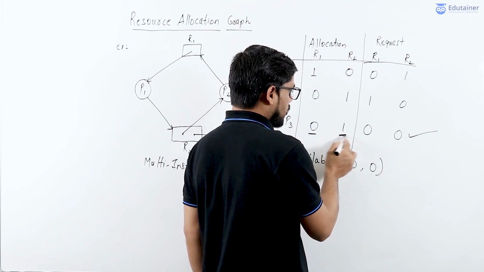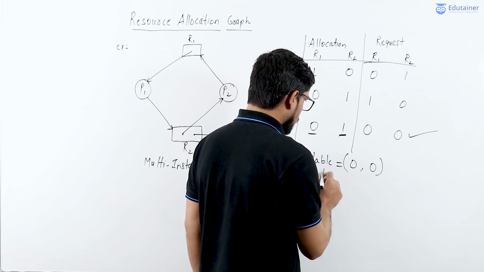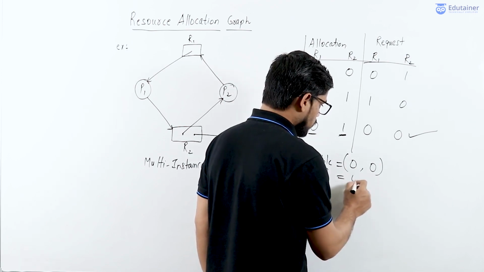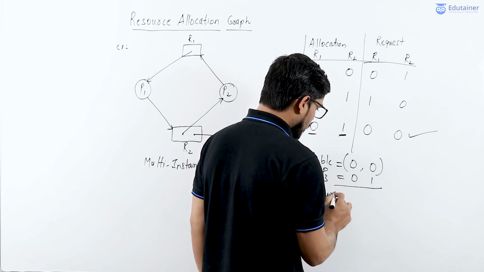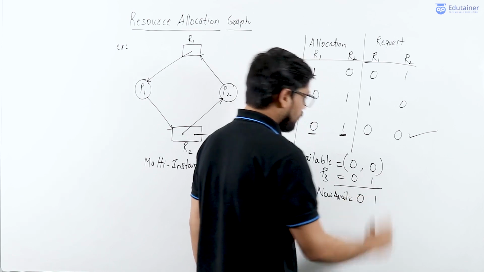So one instance of R2 is now freed up, so 0 and 1. Now the new availability of resource is 0, 1.